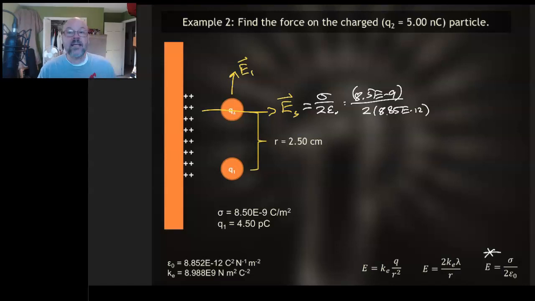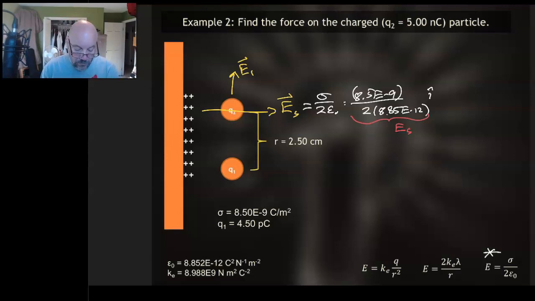We would calculate that, and that would give us some value, and it happens to be in the positive I direction. I'm just going to call that ES. Whatever that number is, that would be ES.